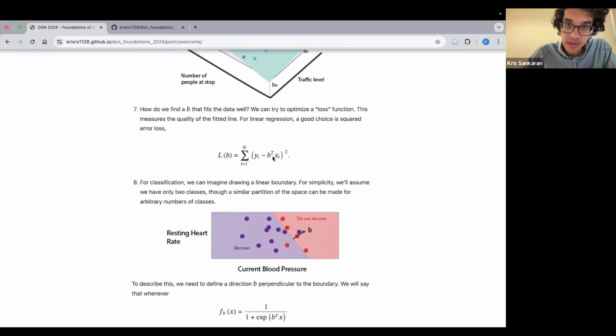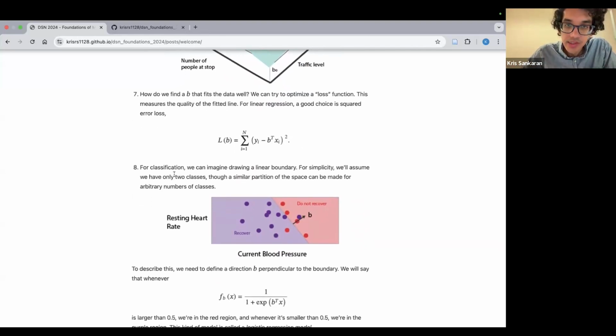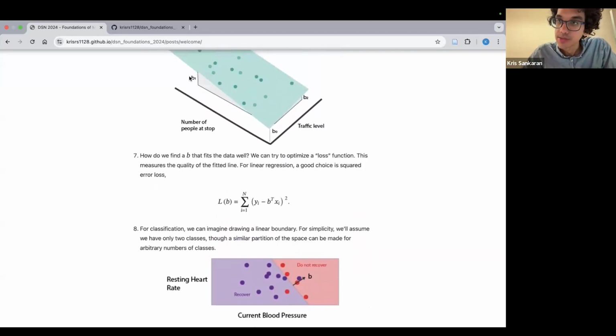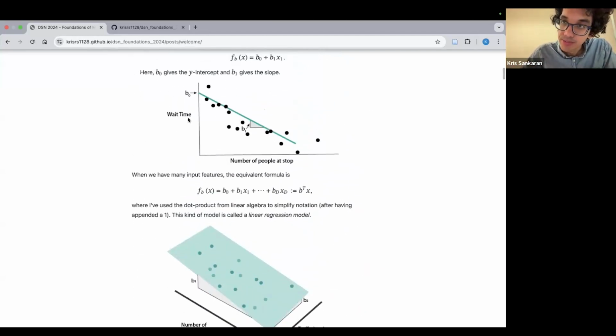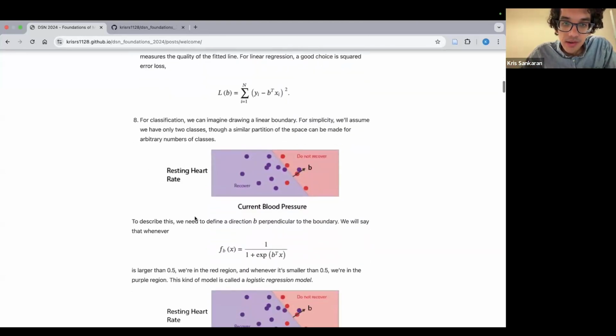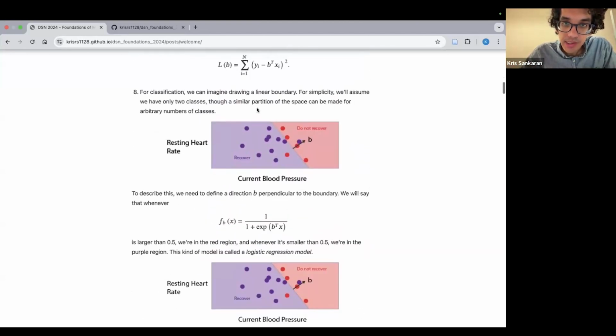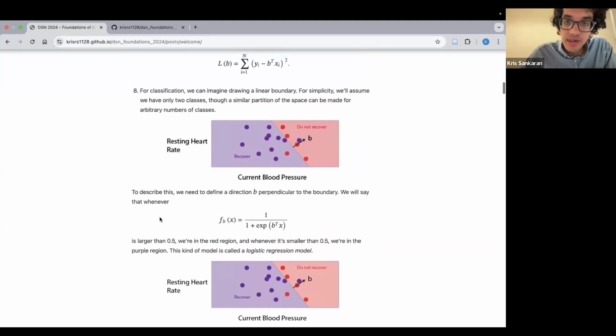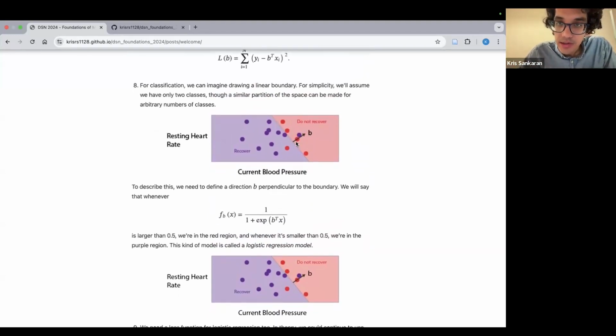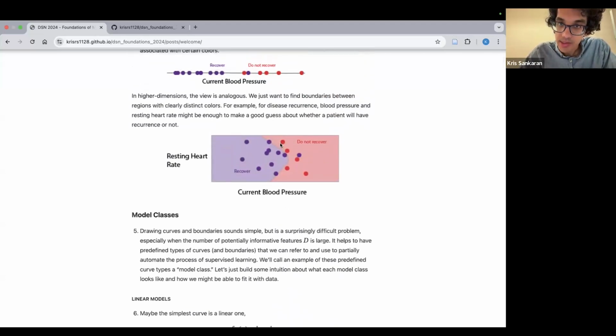It's a little bit more complicated if you're doing classification. How do you understand distance in classification? You can't just draw some sort of straight line anymore. What you want to do instead is define something called a sigmoid function. In this example, I had an arbitrary curved boundary.